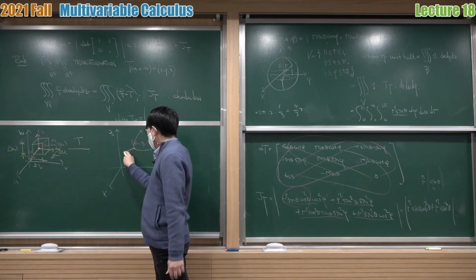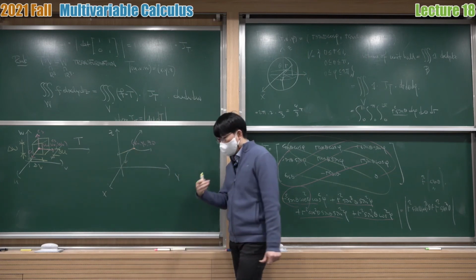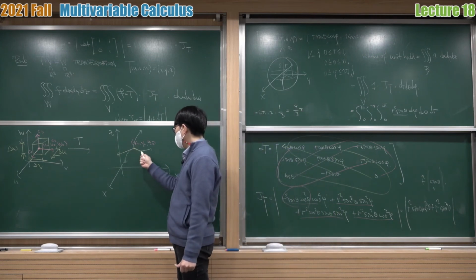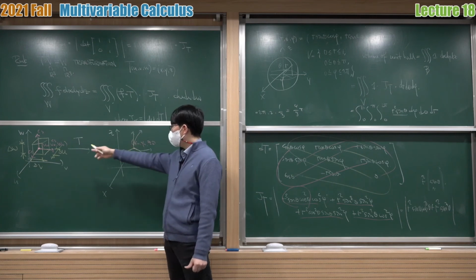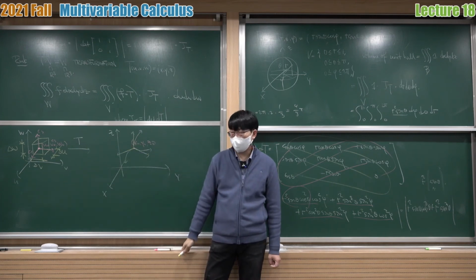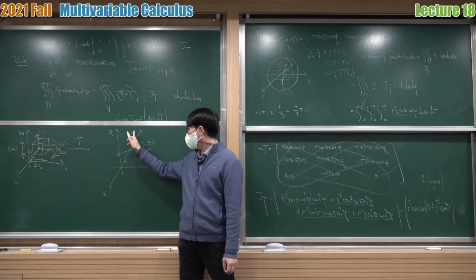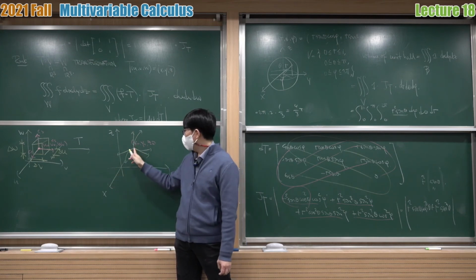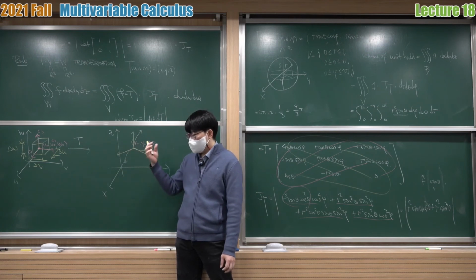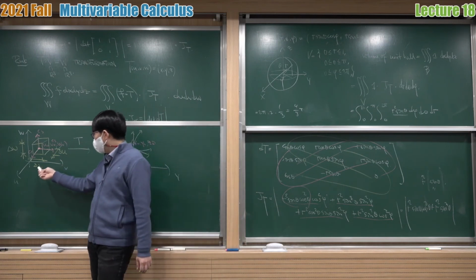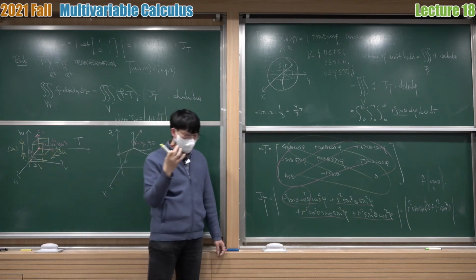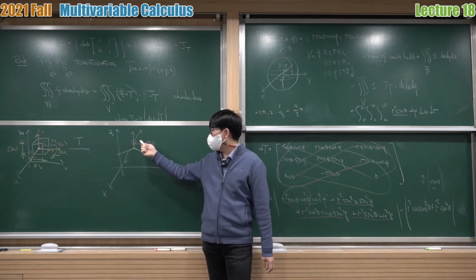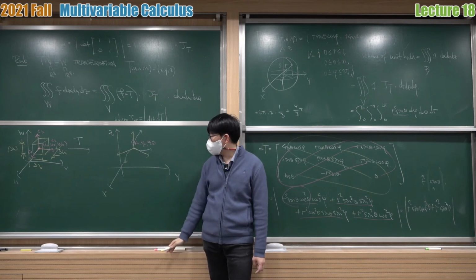So let's say I'm moving in this direction at the time t equals 0, and this direction and that direction for each C1, C2, C3 direction. Of course, this is an approximate direction. If I take a longer time, then I'm not moving in this direction, but if I make this delta U, delta V, delta W smaller and smaller, then this curve will almost equal this straight line direction.